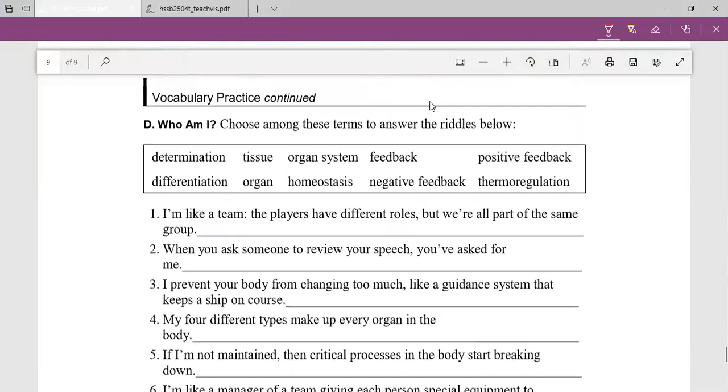Choose among these terms to answer the riddles. I'm like a team. The players have different roles, but we are all part of the same group. Organ system.